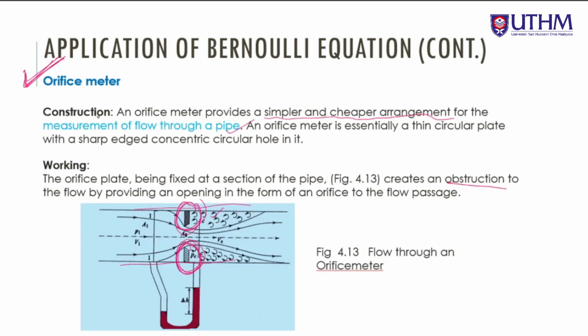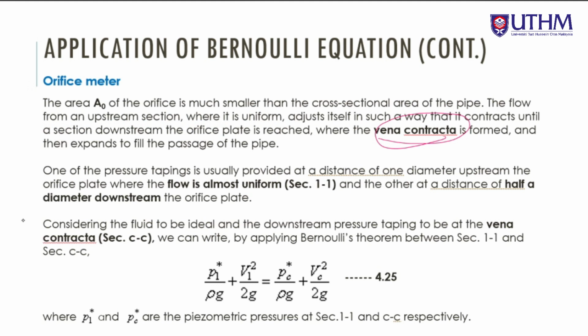This is the section where the flow can be said to be uniform, this is the vena contracta.